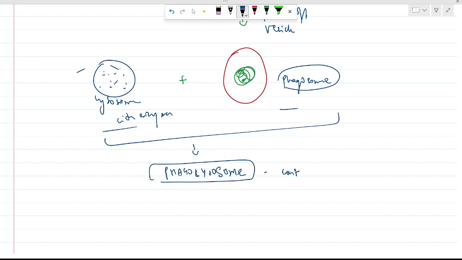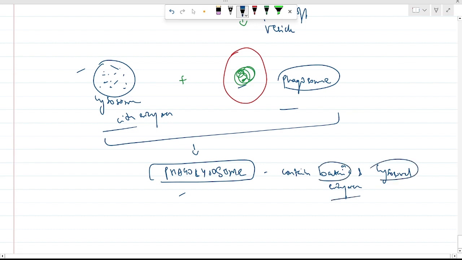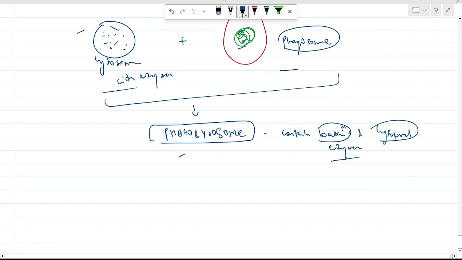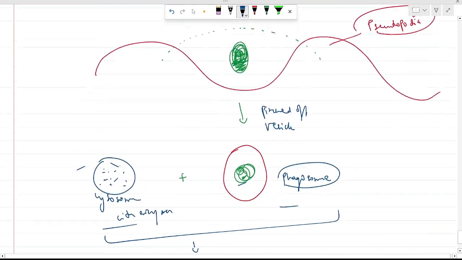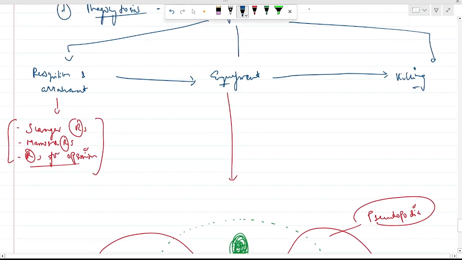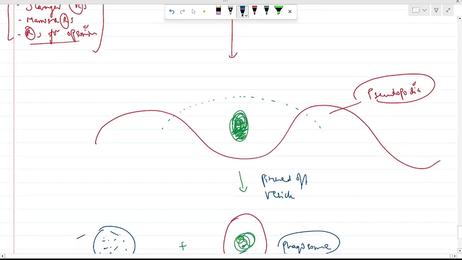These contain bacteria and lysosomal enzymes. Very simple. The bacteria engulfed in the phagosome and the lysosomal enzymes combine to form the phagolysosome, which contains the bacteria, which will be digested by the lysosomal enzymes. Our engulfment is over after recognition and attachment by receptors. Then we proceed to killing.